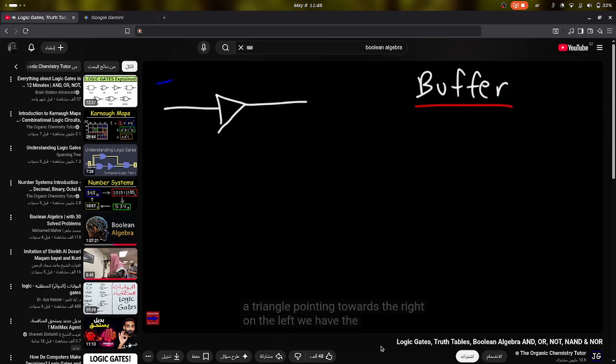On the left, we have the input. On the right, we have the output. So we're going to call the input A. The output will also be the same.